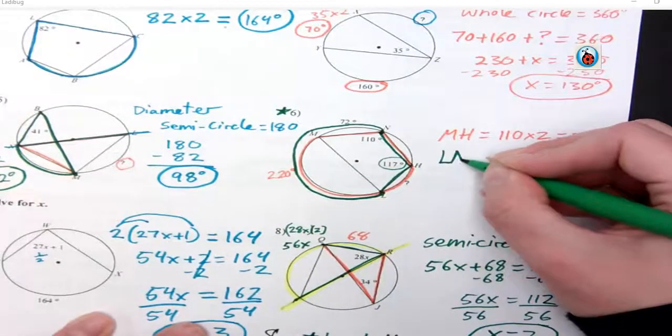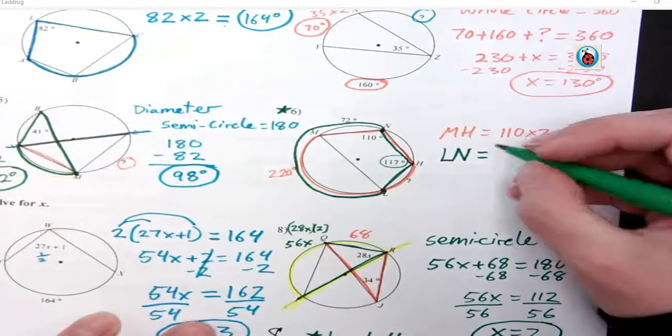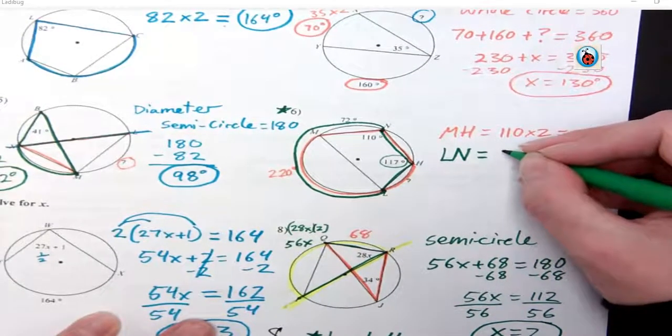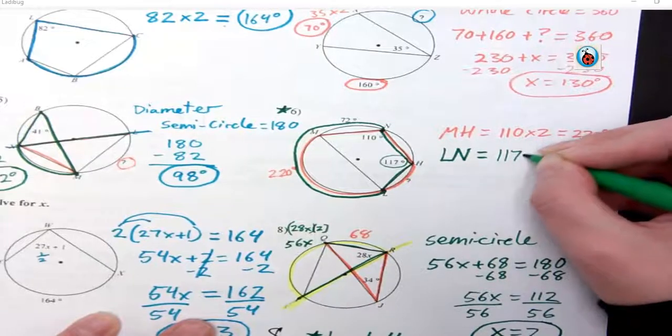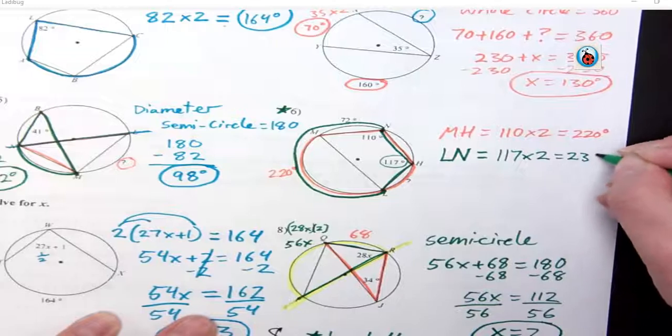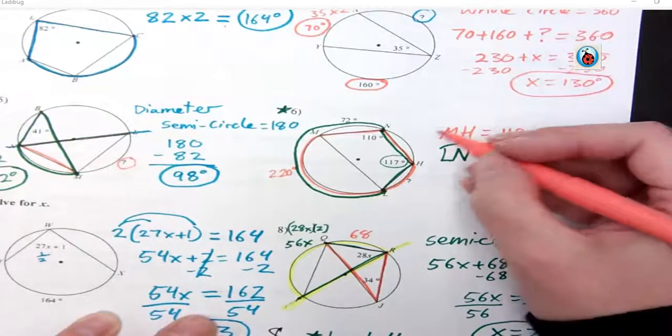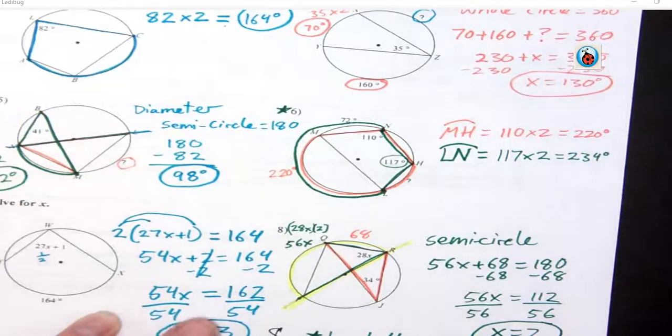So arc LN equals 117 times 2, which equals 234 degrees. That's arc LN and arc MH. Okay, so I've used those two numbers they gave me.